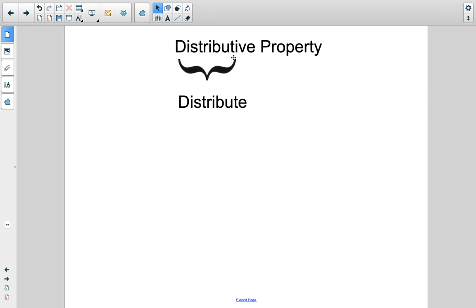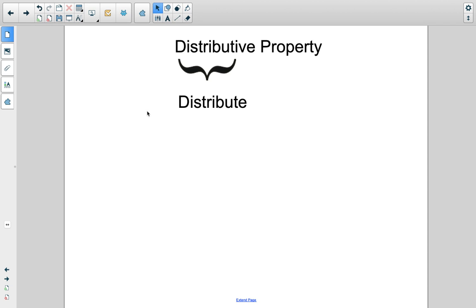The root word for distributive property is distribute. I don't know if you've heard of that word before, but I want you to think of things like a distribution center. A distribution center is a big building where they have a lot of stuff that needs to be sent out to stores usually. For example, Amazon has a huge distribution center because they send out tons of stuff all over the place.